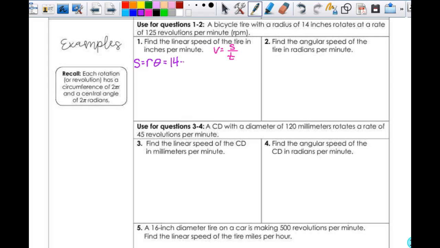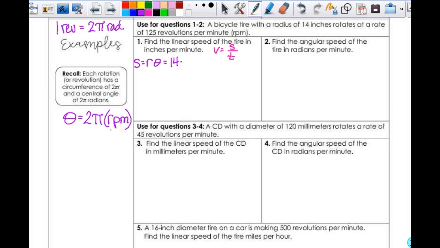So one revolution would be how many radians? 2 pi. So one revolution is equal to 2 pi radians. If I have the number of revolutions, all I have to do is multiply it by 2 pi. So theta is equal to 2 pi times whatever your RPMs are.